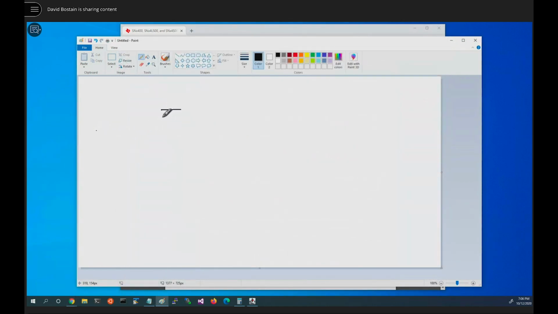Let's assume that I have a NAND gate, and I'm going to make up a bogus circuit here. It's not going to be real. I'm using all NAND gates here just to illustrate.